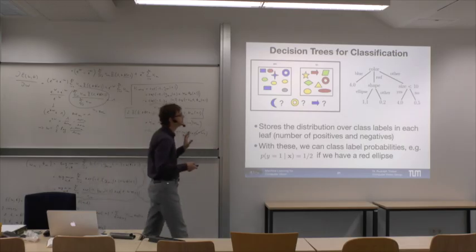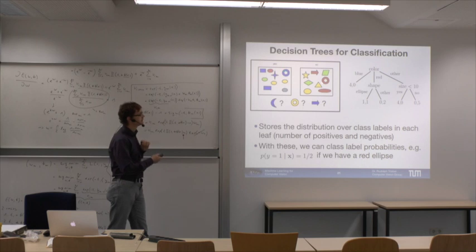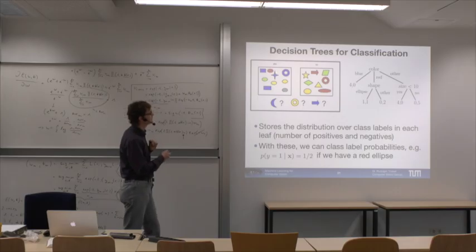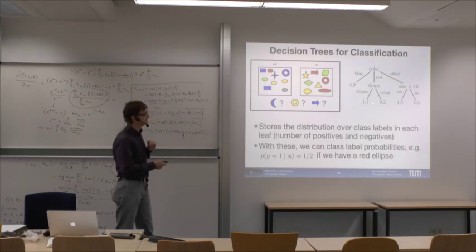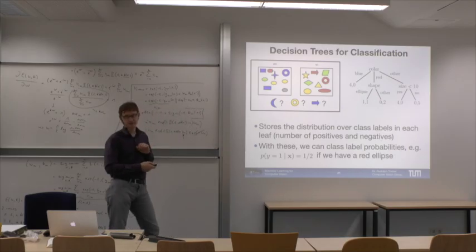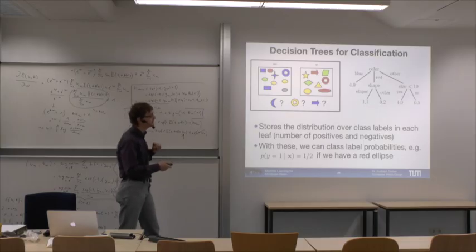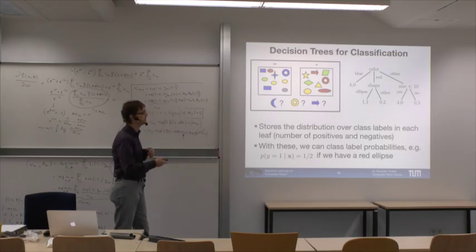You just need blue. But if it's red, then you have to look at more things, not only color but also shape. If it's an ellipse, then there's one case here and one case here. This is, again, not perfectly classifying, but you have at least a distribution over 2 classes, and in both classes there are red ellipses.